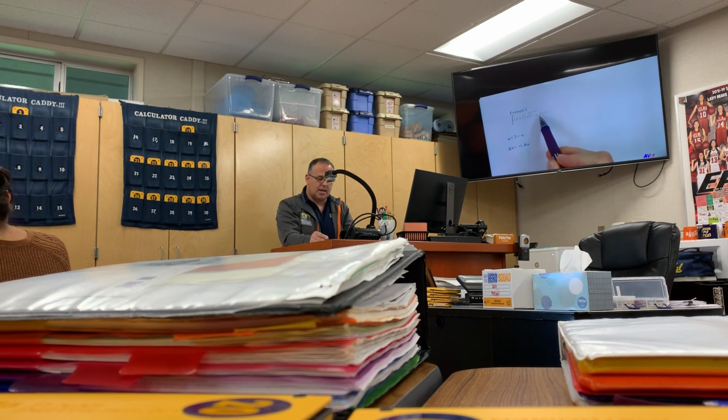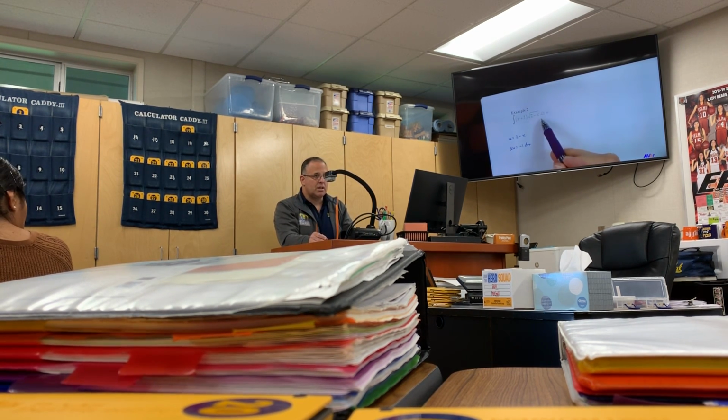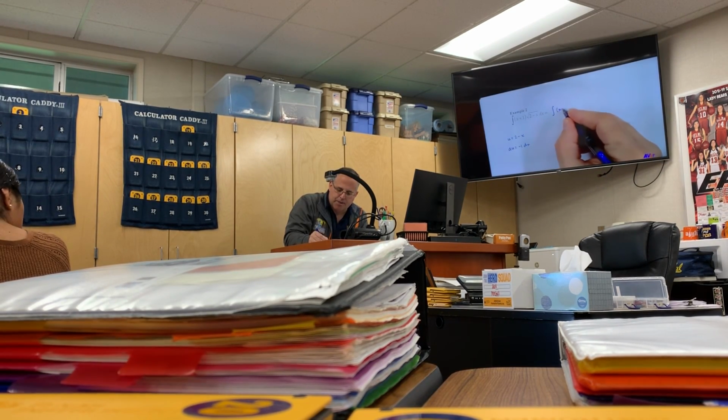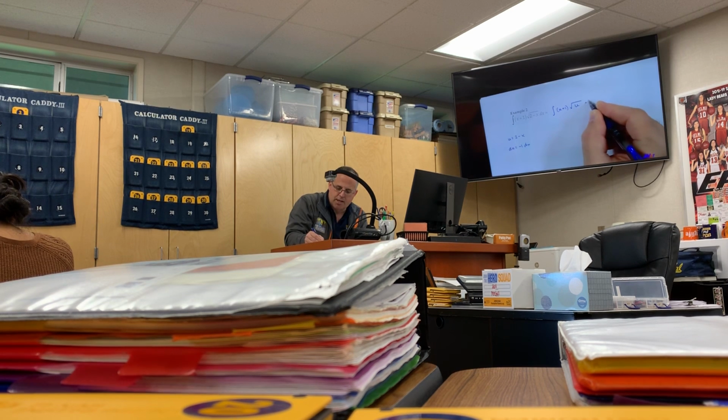I need to swap this out with du, I need this to be -1. So I can multiply this by -1, but that value still needs to be 1. So what can I multiply -1 by to get +1? Another -1. So this is going to be equal to the integral of x plus 1 times the square root of u, times -1 times -1 times my dx.